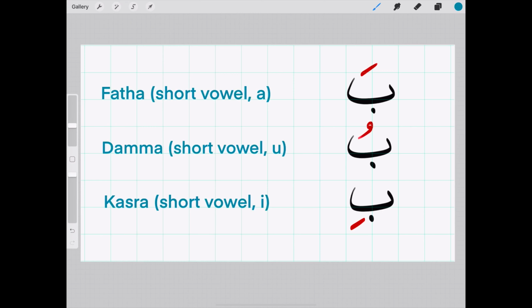And then on the third line at the bottom, the kasra, the third short vowel, and the pronunciation of the letter would be bi. So if we accumulate them together, you could pronounce them as ba, bu, bi. Remember these short vowels because we are going to repeat them for almost every letter in future lessons.